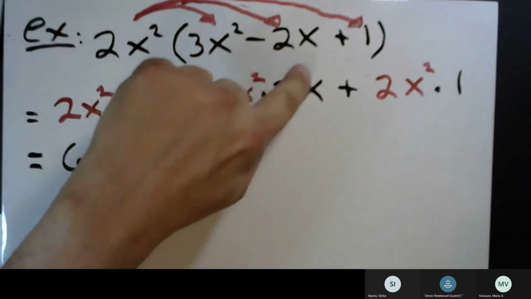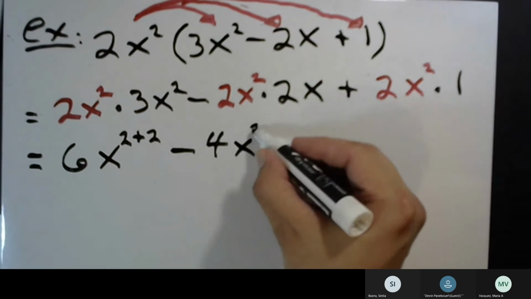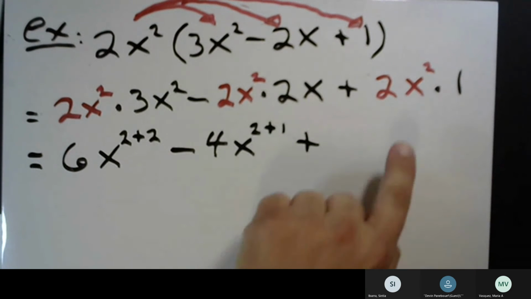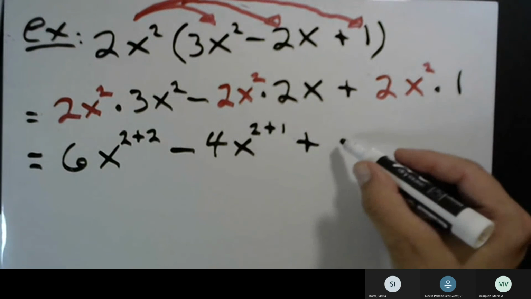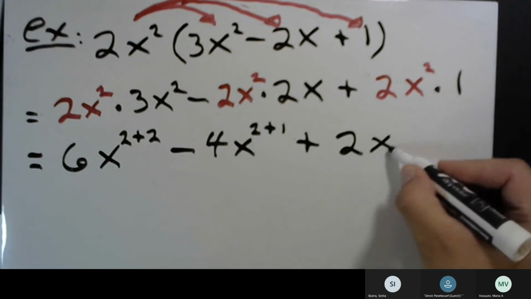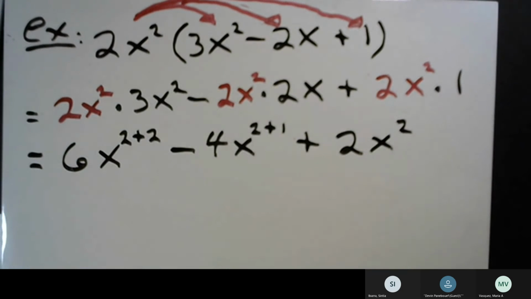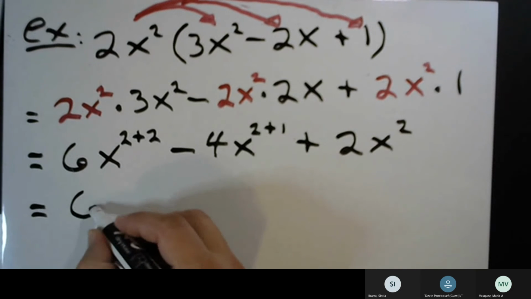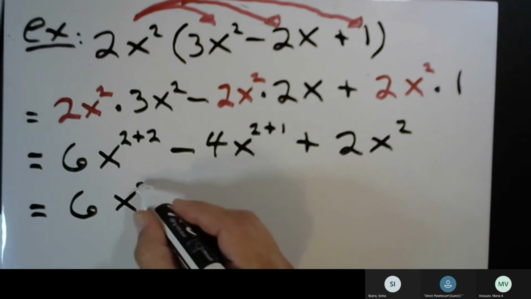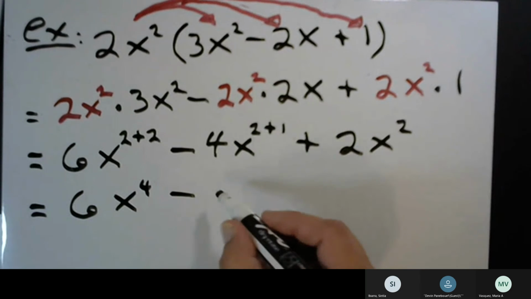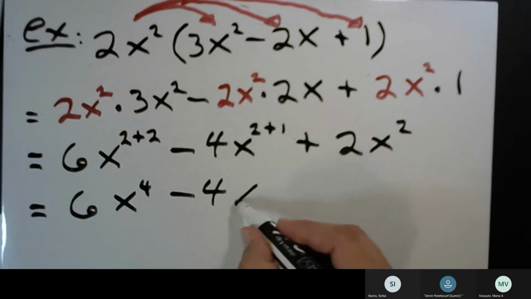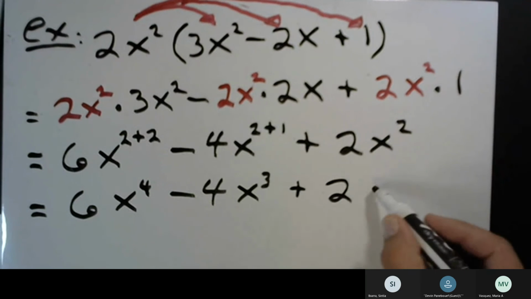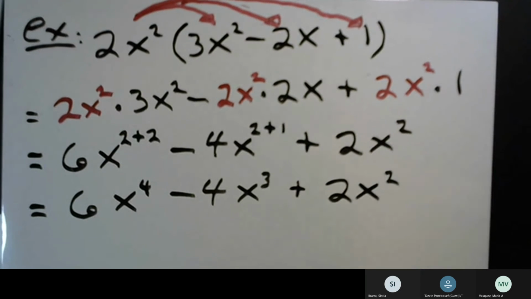And then we add up the exponents. And when you multiply something to 1, it doesn't change anything. You're going to get that. You have 6 x to the 4th minus 4 x cubed plus 2 x squared.